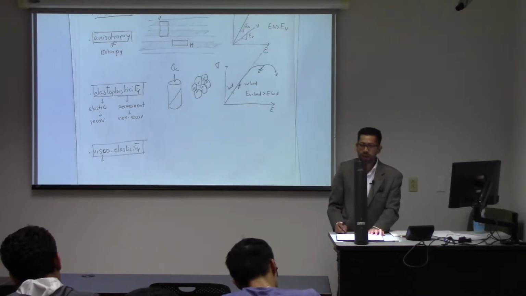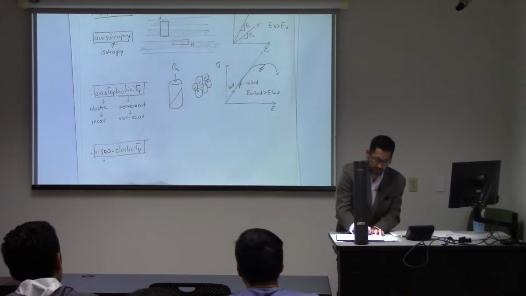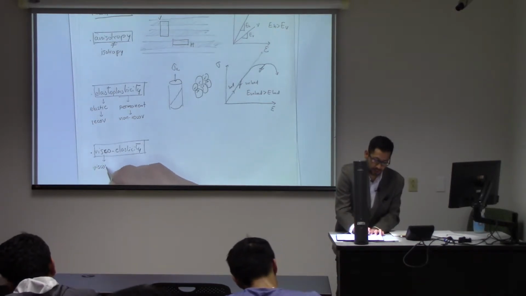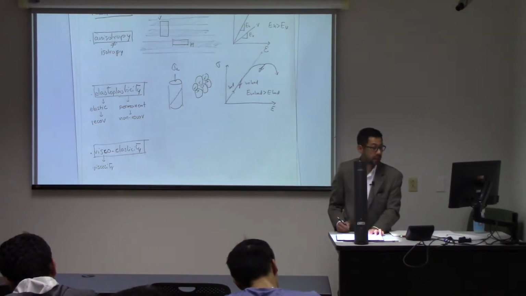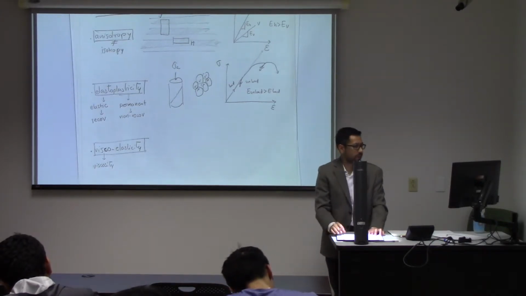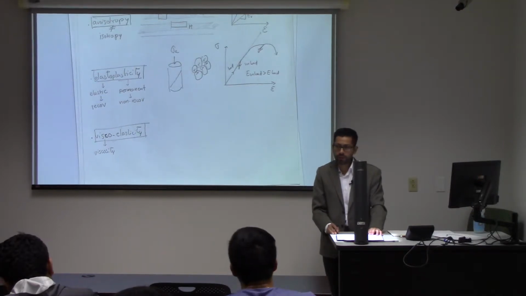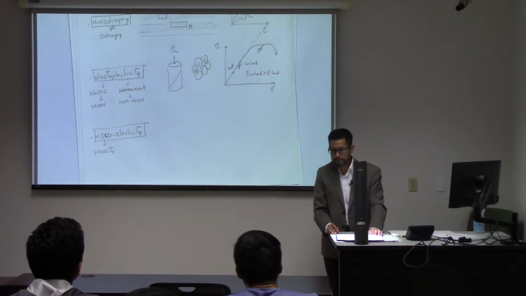Where does visco come from? From viscosity, right? So now we're adding to elasticity a viscosity term. And what is the law of viscosity that you saw in fluids? Do you remember that? The basic law of Newtonian fluids.